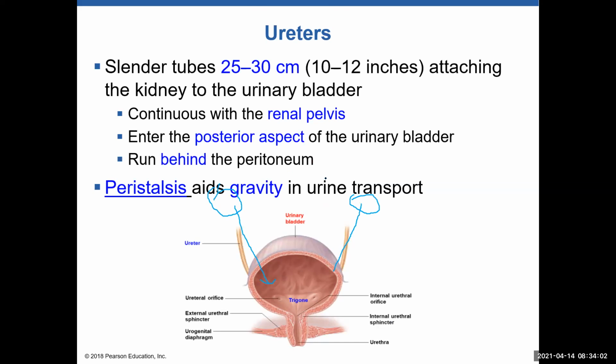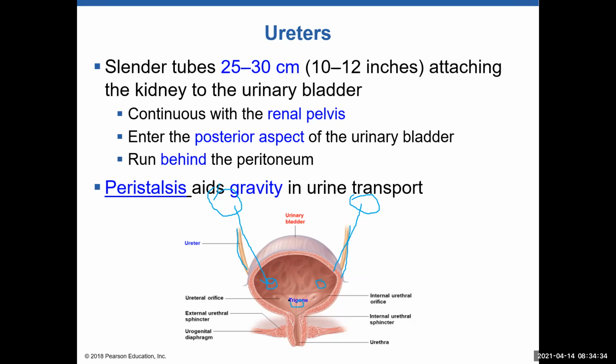One very important thing to remember: if you observe this diagram, they enter the bladder from the posterior side. These are two ureters, and this is one spot where they enter, and this is another spot where they enter the bladder. Then we have one more spot over here.